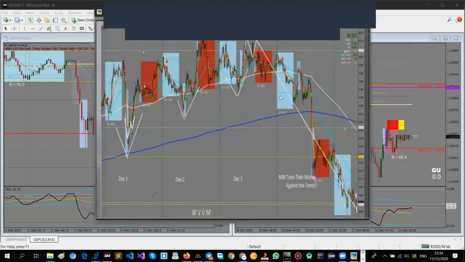WVVM, M, as you can see here. Let me draw this. M A. As you can see, there's an A here, and an A again. There's an A there, and there's a W here.